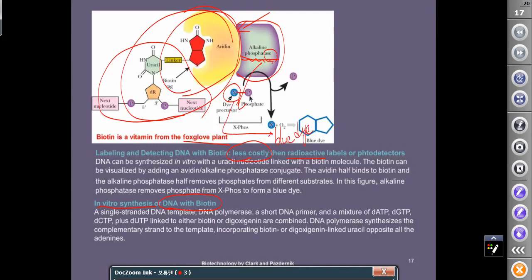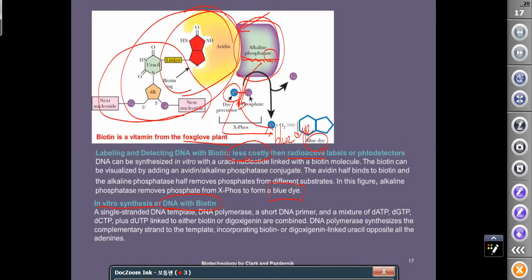When they are linked together, they don't show any color, but once this enzyme breaks this bond, then it is liberated here to emit blue color. So using biotin, through this whole method, you can see blue color.